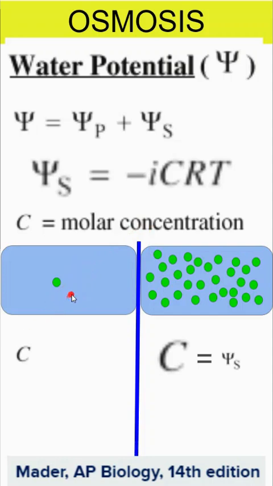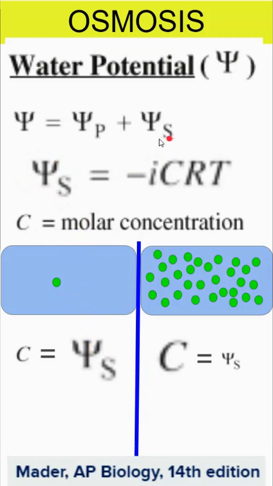And in this case, again, if this were pure distilled water, there would be 0 for molar concentration, and 0 would erase this whole formula and give you the greatest solute potential possible, which would be 0. So as we keep going here, again, a small molar concentration will equate to a large solute potential.